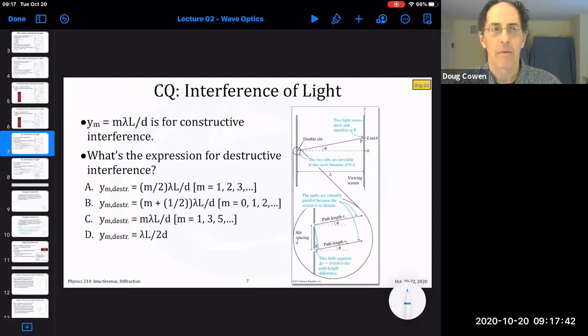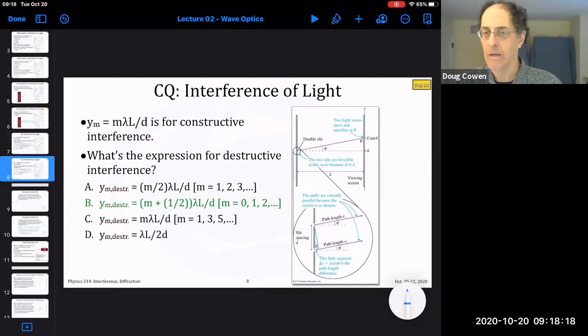All right. So most of you answered B, which is the correct answer. The destructive interference condition is that we should have a half integer number of wavelengths along this extra little distance, delta R. So this condition given by answer B tells you that, say, if m equals 0, you'll have half of a wavelength difference.